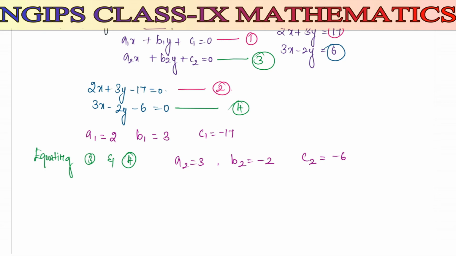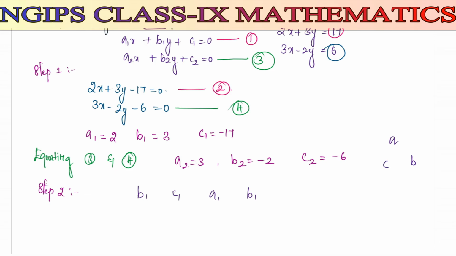The second step. Write the coefficients of x and y and also the constant terms in the form b1 c1 a1 b1. To remember this, I am going to make a circle. This is a, b, and this is c.